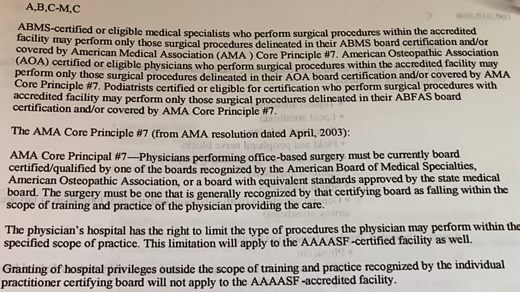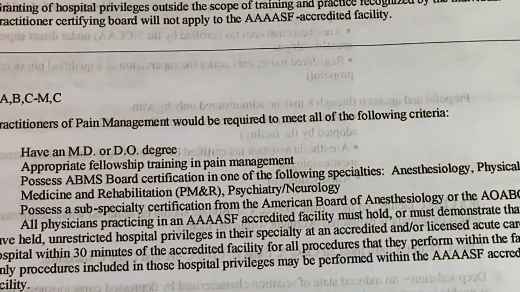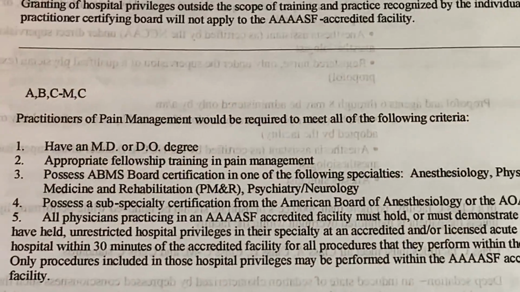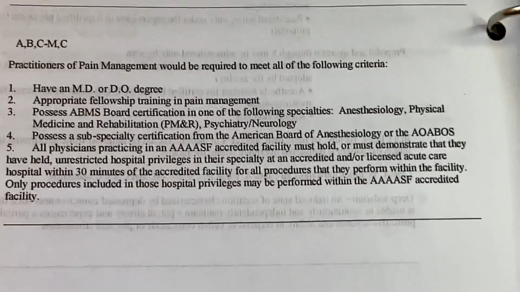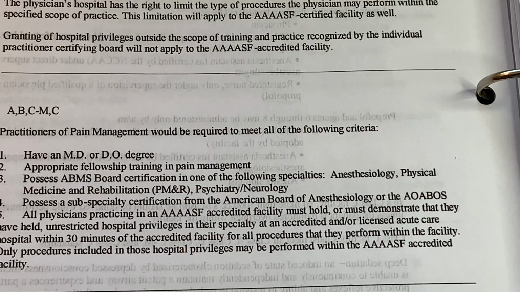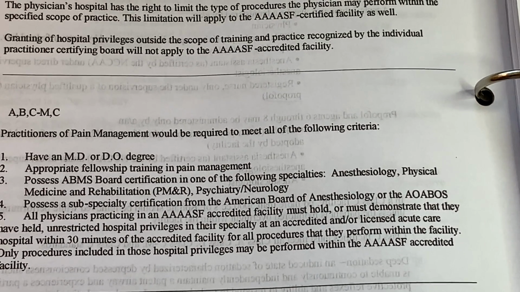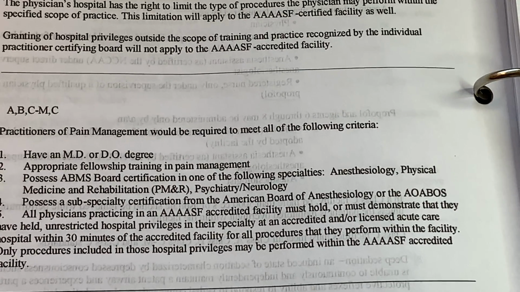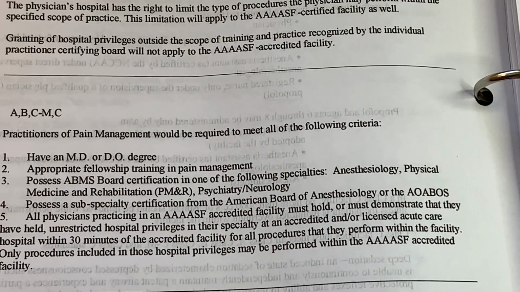Okay, so let's see, number 70. Practitioners of pain management would be required to meet the following. They have to have an MD or DO, appropriate fellowship training in pain management. They have to possess ABMS board certification in their specialty: anesthesia, physical medicine and rehab, or psychiatry and neurology.